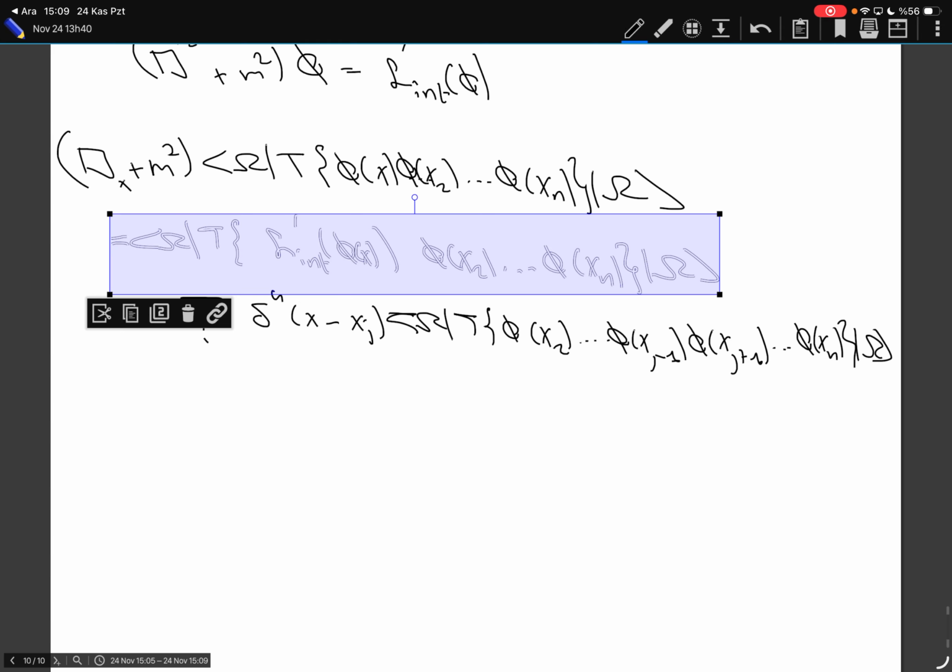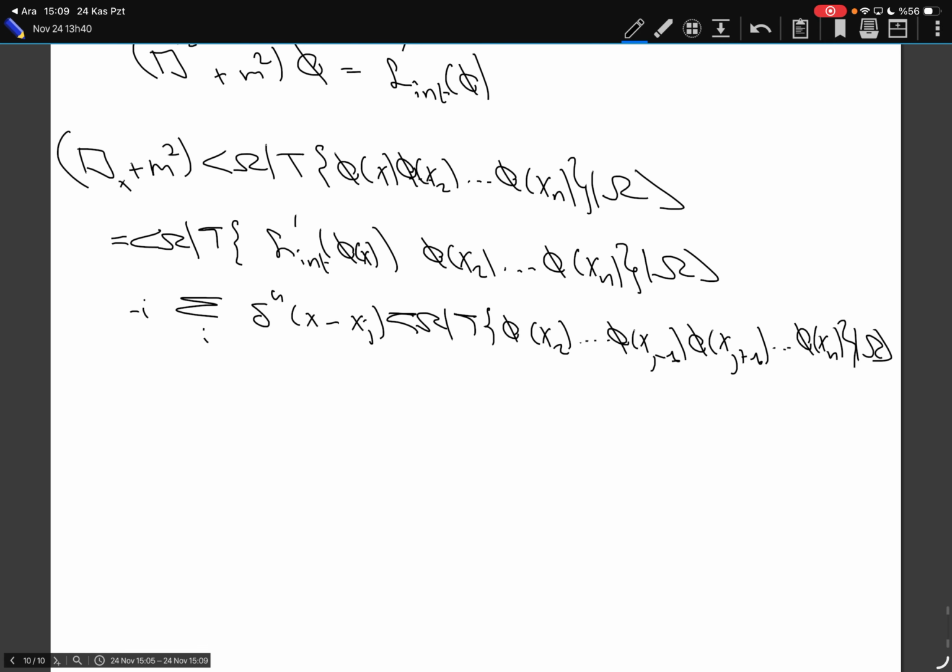And the nice thing is, you see, we have the Wick theorem, which allows us to calculate the matrix elements in the non-interacting theory. But now this is an identity in the fully interacting theory. This is valid for the full theory for the exact endpoint functions. It just relates different endpoint functions to each other.